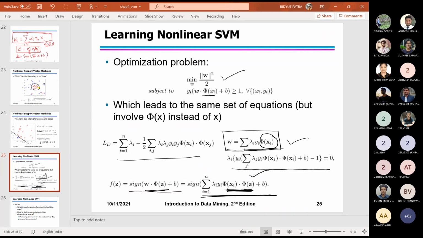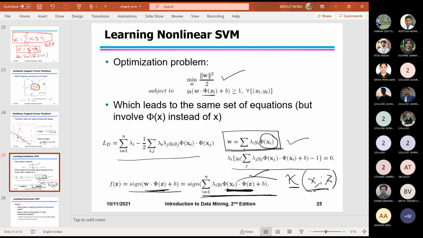But ultimately there is no need to do this dot product, because it will be replaced by a function k, such as a polynomial kernel or whatever it is. So this is a function of x_i and z. You need to understand how it is working.